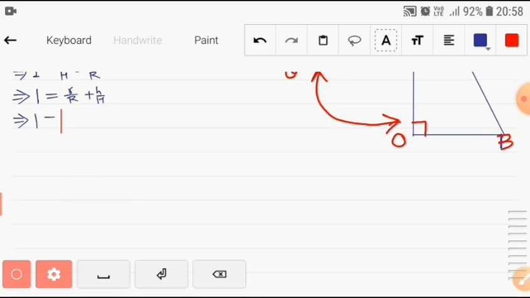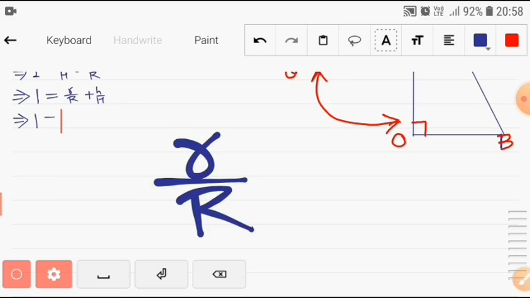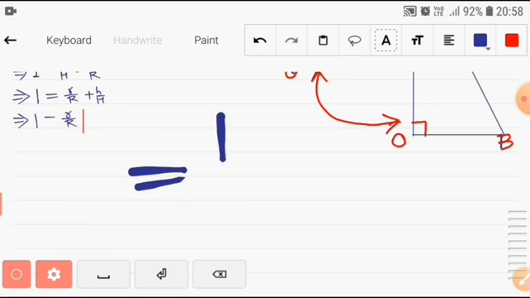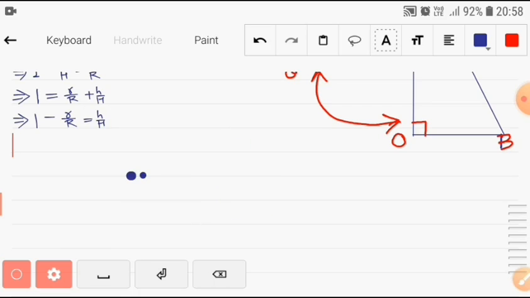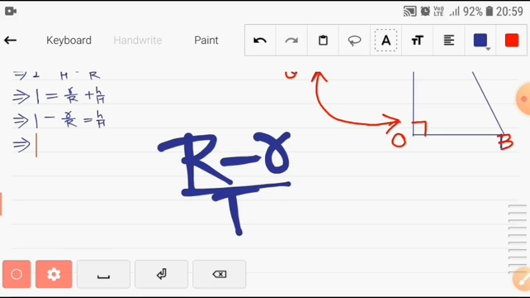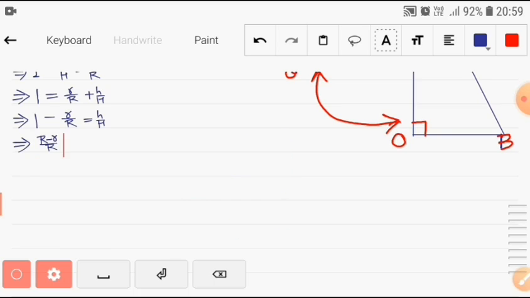One minus r by R equal to h by H. Next, R minus r by R, by taking the LCM and adding this, we get this.